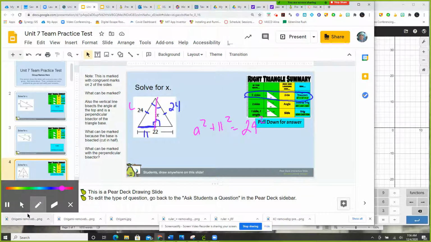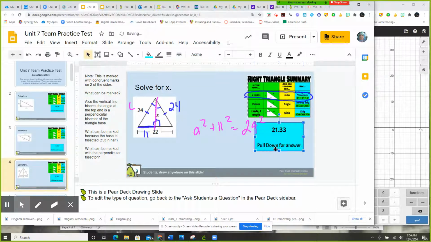Absolutely. So the tricky part here is recognizing that it's 24 and 24 and that this has been bisected. So you can do half of 22 as 11 and 11 over here. Does that make sense? This is definitely kicking Pythagorean theorem up a couple of notches. And then you can come over here and pull this down and see if you got the right answer.